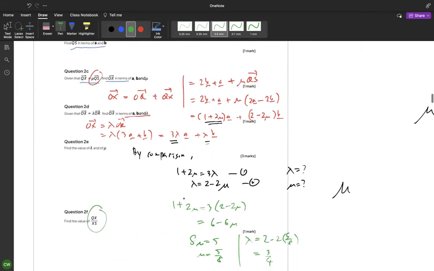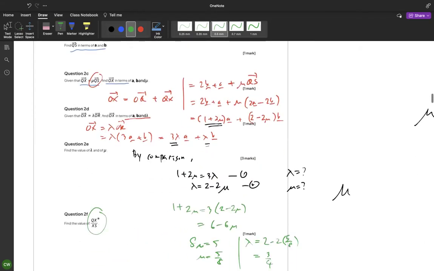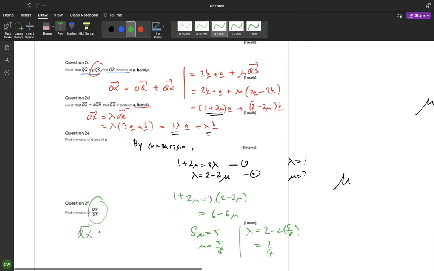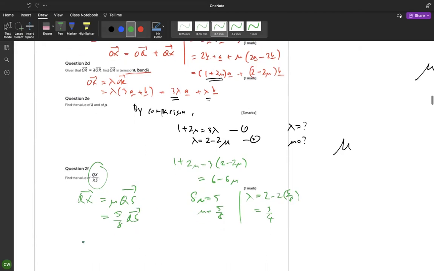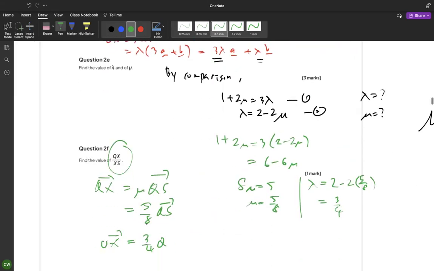The first one is QS equal to mu QS. So this one we already found the value, 5 over 8 QS. The second thing that we have now is OS equal to lambda QR, lambda is 3 over 4, lambda OR.